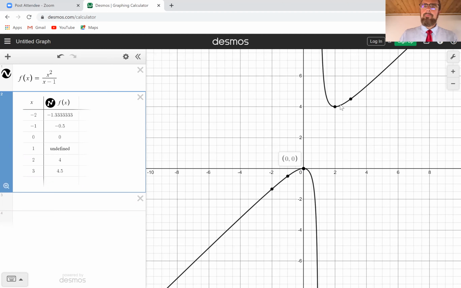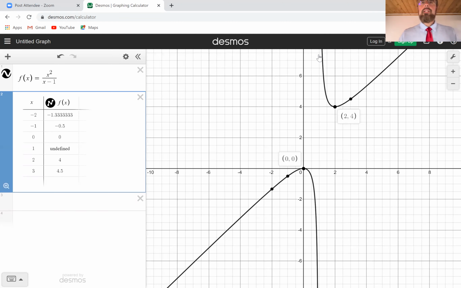And then it jumps up to (2, 4), and then (3, 4.5). Notice (2, 4) was also a horizontal tangent line. That's a relative minimum on that graph. So again, what we're seeing is there's a connection between where tangent lines have slope of 0. It's where the graph has either a high point or a low point, a max or a min.